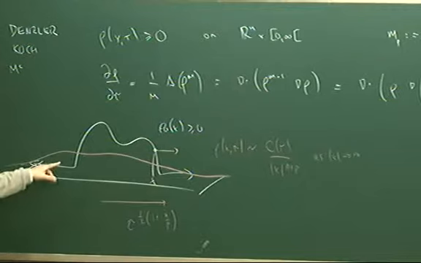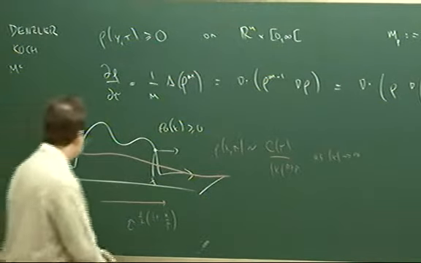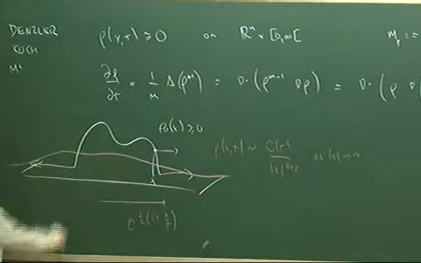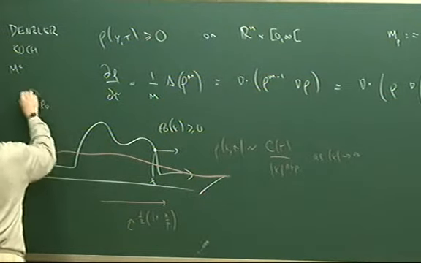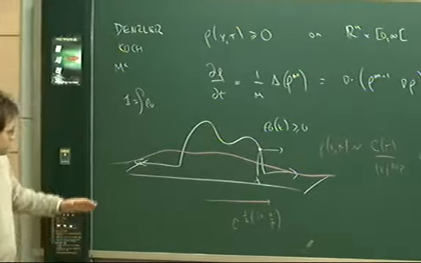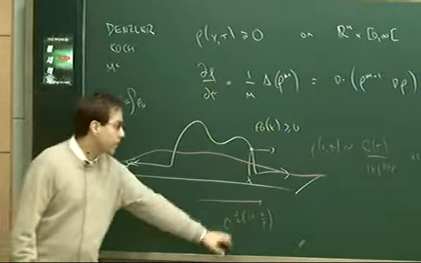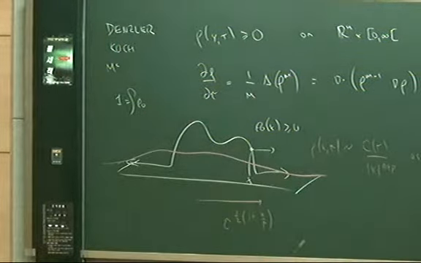But the first thing that I'm going to be interested in is what is the rate of forgetting. And so the idea is that no matter what compactly supported initial data I start with, I might as well normalize this to mass 1. After some time, what I'm going to see is some characteristic self-similar profile spreading at this rate.